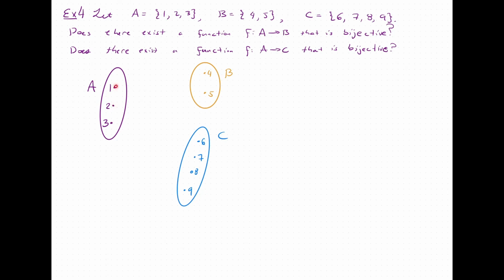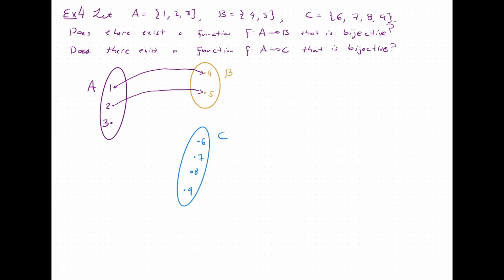And so we would need to map 1 to 1 of 4 or 5. We would need to map 2 to 1 of 4 or 5, and similarly with 3. But this is where we run into trouble, because now let's say that we map our element 1 to 4. We map our element 2 to 5.